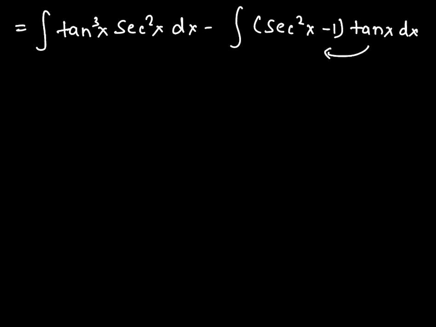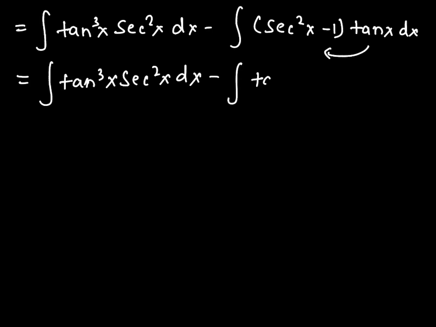Now again multiplying it inside, we would have the integral of tangent cube x into secant square x dx minus the integral of tangent x into secant square x dx plus the integral of tangent x dx, because negative and negative is going to be positive.